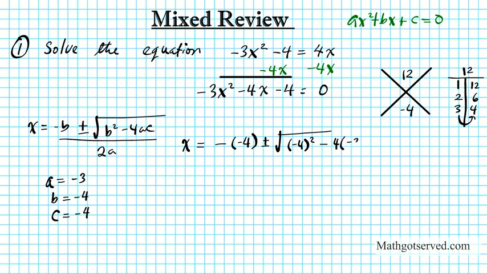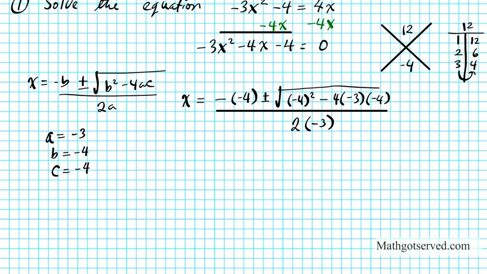A is negative 3, c is negative 4. And then we're going to divide the whole thing by 2a. Okay? Divided by 2a. Alright, 2a is 2 times negative 3. So from here on out, it's just arithmetic, or radicals, and also order of operations. So let's go ahead and simplify this.